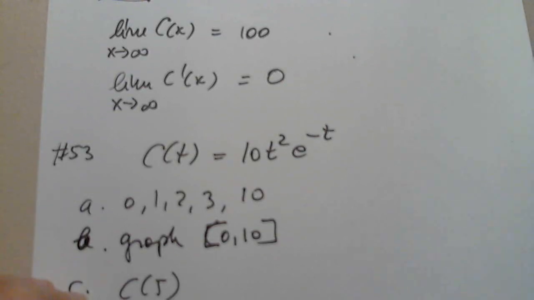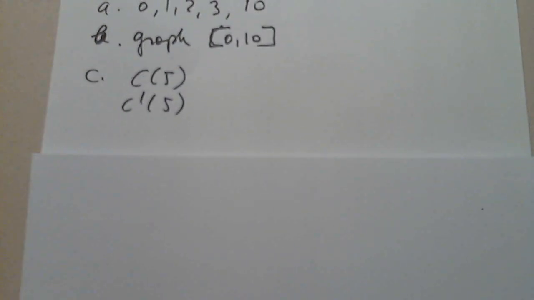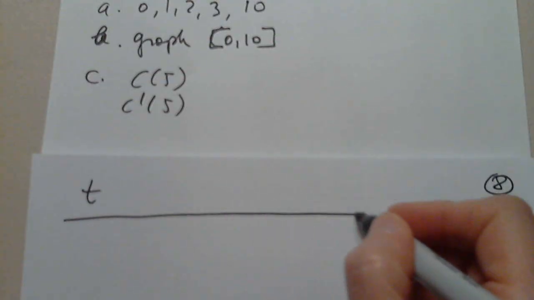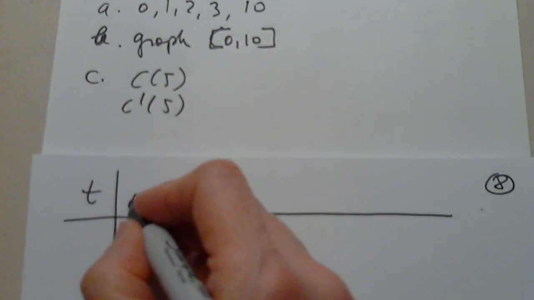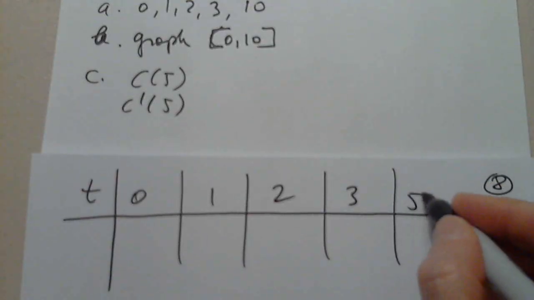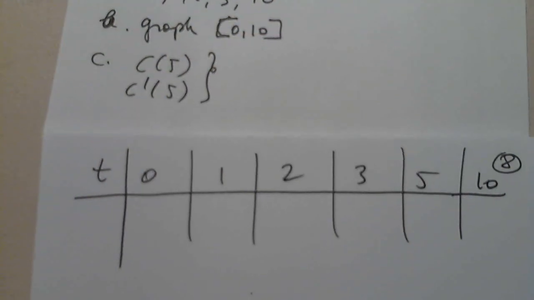So I'm going to create a little table so I can organize the information very nicely. So I have T: 0, 1, 2, 3, 5, and 10. Why 5? Because they also want this.